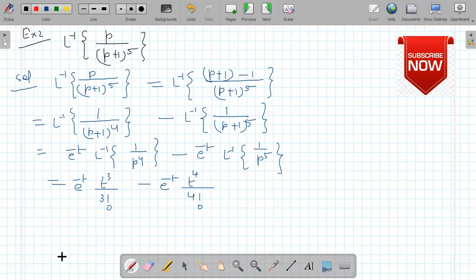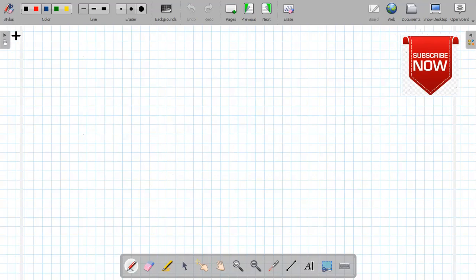Next example is, find the Laplace inverse of 1 upon square root of p plus a. So how do we solve it? Laplace inverse of 1 upon square root of p plus a. This is already p plus a type of function.